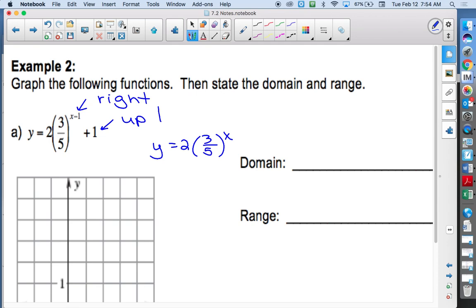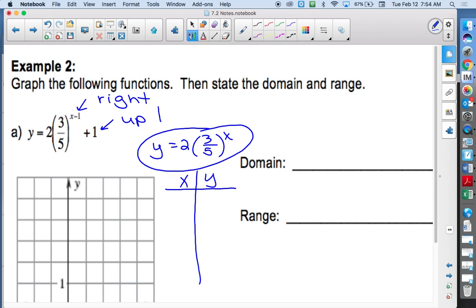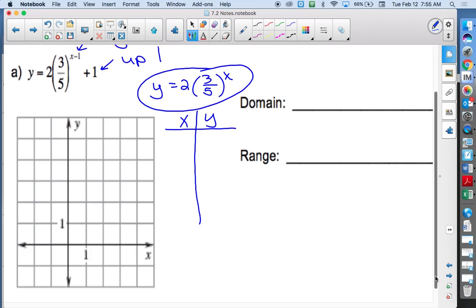I'm going to show you another way that we can graph using that information in a minute. So make yourself a T-chart. We're going to graph this more basic function here. And that's just like the one we just graphed. So a little more basic. Now, yeah, I know we've got a 3/5 in here. So you might need to put a little scratch work on the side.